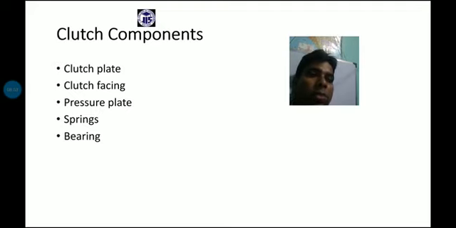If we apply the pedal, the spring is in a compressed condition, and then if you release the load, the spring goes back to its original shape. That's why a helical compression type spring is used for this type of clutch design.